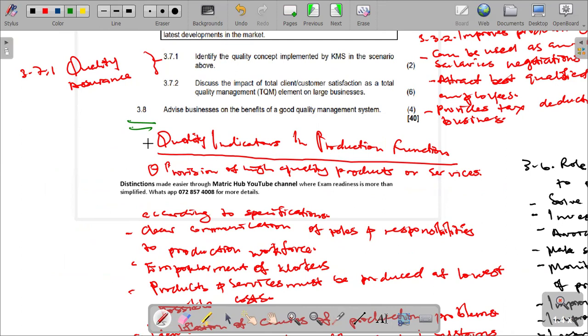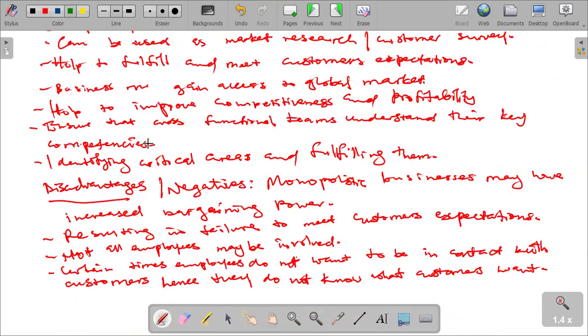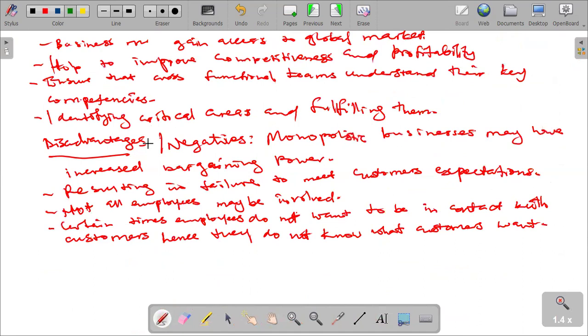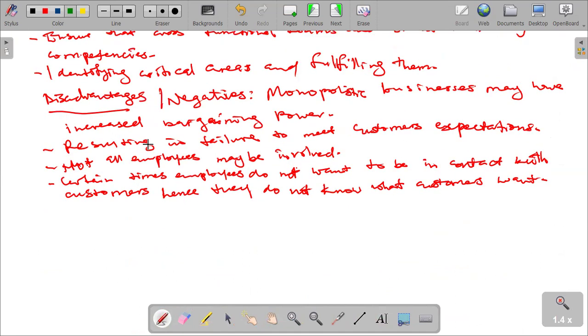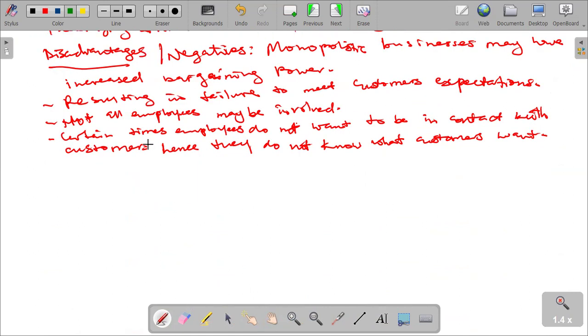As you can see, we once answered this already in our previous questions, benefits of a good quality management system. We can talk about effective customer service being rendered in terms of a good quality management system.